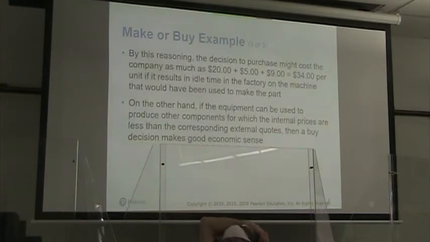If that equipment is going to be used to produce other components where it makes more sense to make it in our factory than it does to buy it from a vendor, then that buy decision at $20 per unit per 100 units makes good sense. Otherwise, if the machine is just going to be idle, then no, not so much.